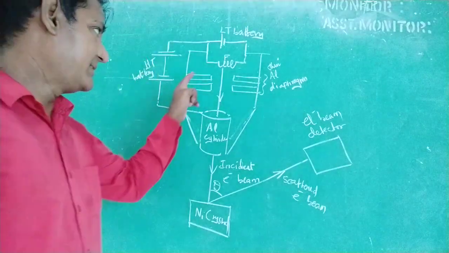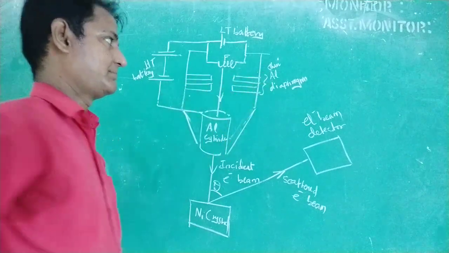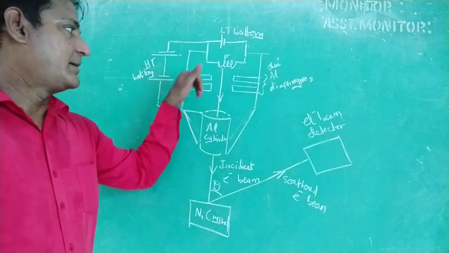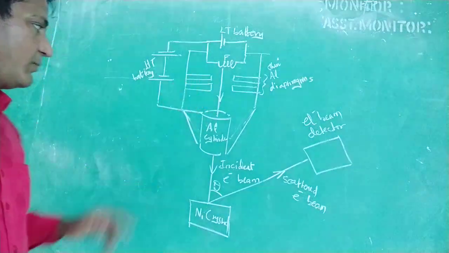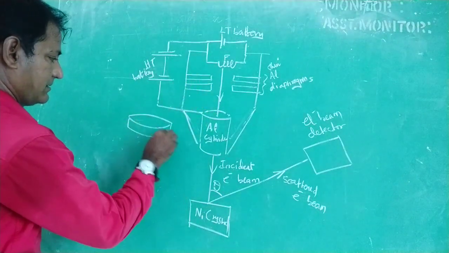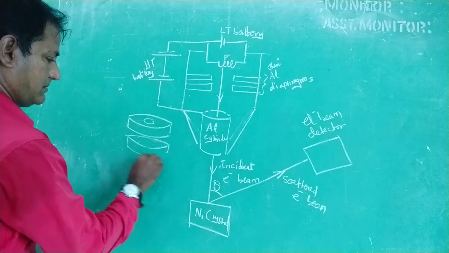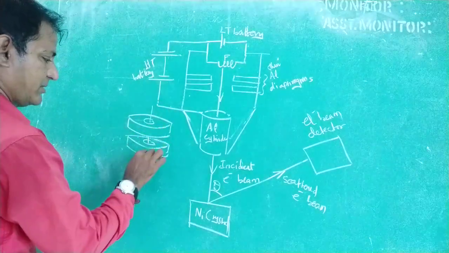Now two thin aluminum diaphragms are kept in between this filament and the aluminum cylinder. They look like disc-like structures with holes, and through this hole the electron beam enters.